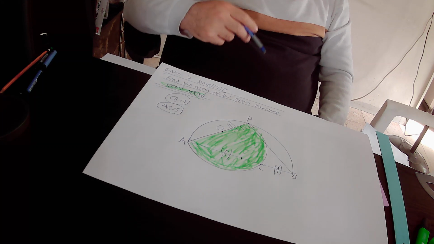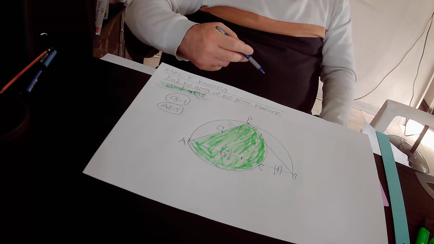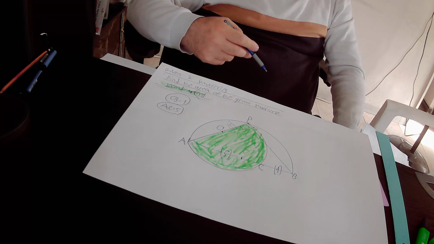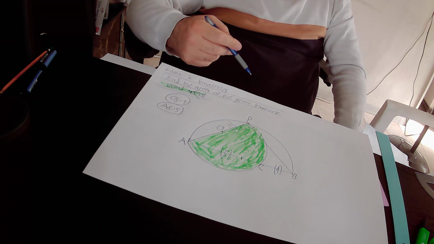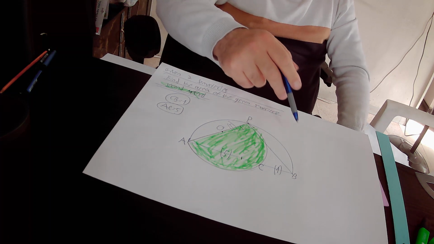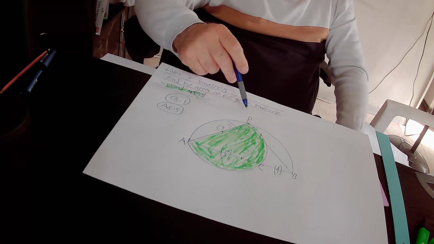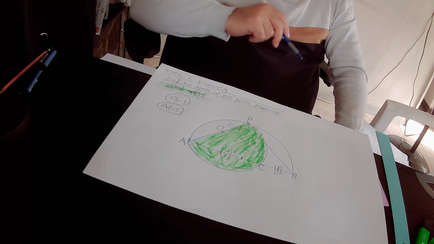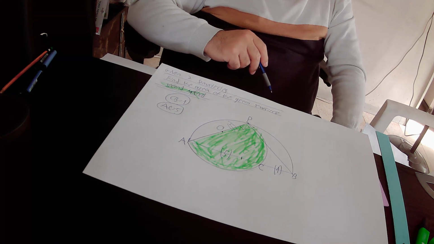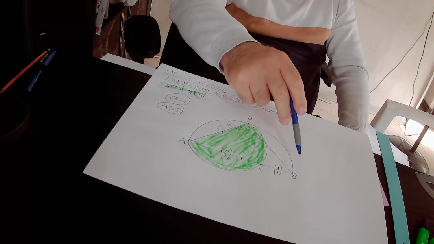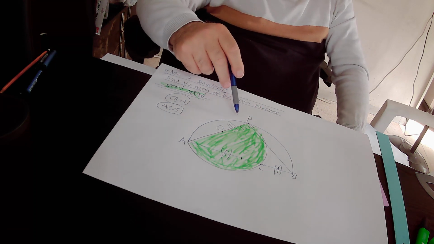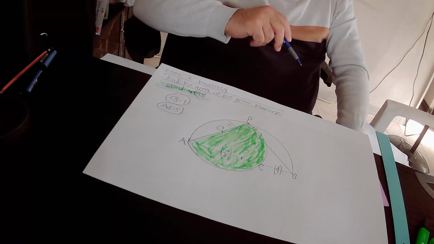If you have a line segment that is perpendicular to a straight line, then it must be perpendicular to part of the straight line. Therefore, line segment BP is also perpendicular to PO, that is the radius of this green semicircle.